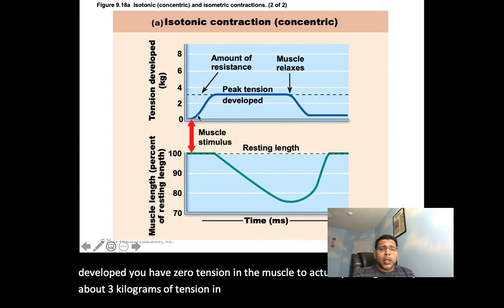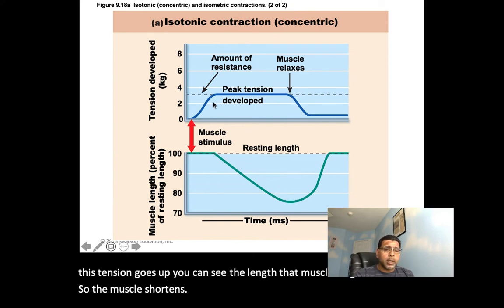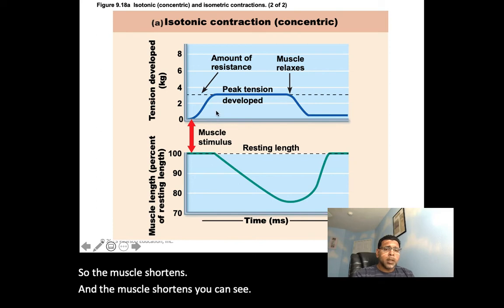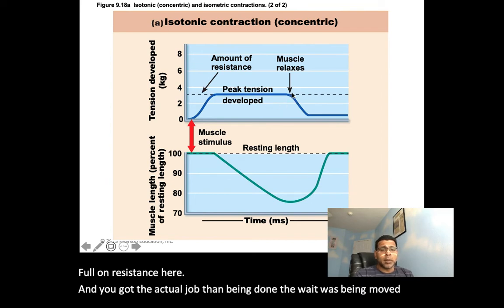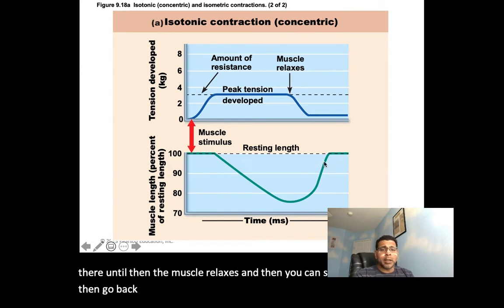As the tension goes up, the muscle length decreases, so the muscle shortens, in line with it, as soon as we hit full-on resistance. The actual job is then being done, the weight was being moved, until the muscle relaxes and goes back to its resting length.